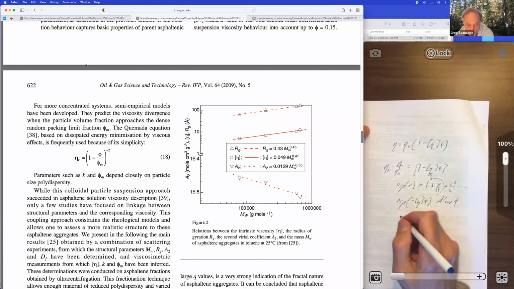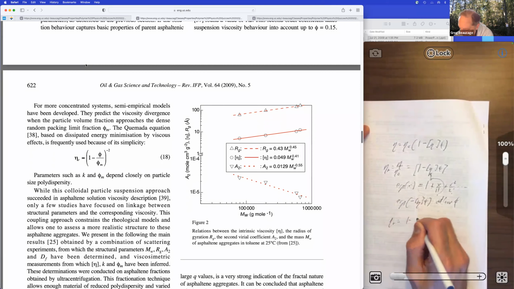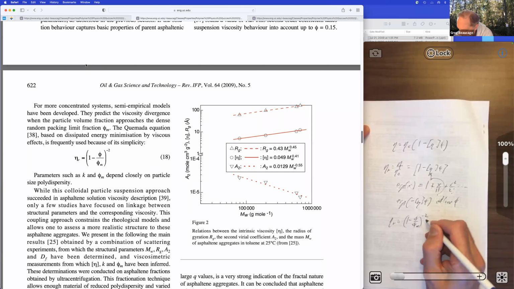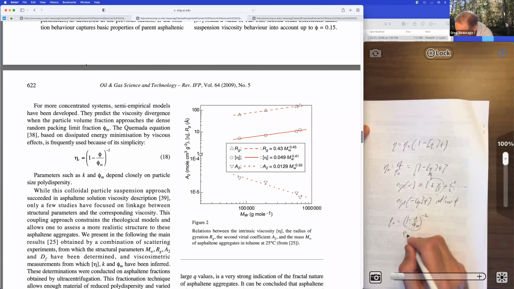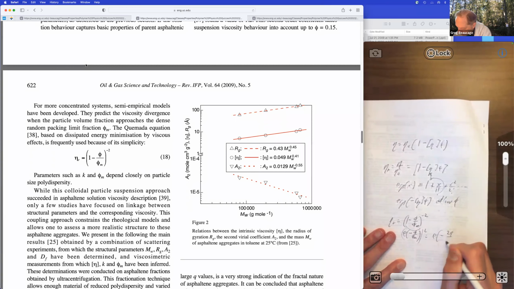And then you can take his equation 18, and say that he's got eta R is 1 minus phi over phi m, to the minus 2, right? So at low concentration this is e to the minus phi over phi m, and then it's 1 over that, or 2 over that, so it's that thing squared, which equals e to the minus 2 phi over phi m.